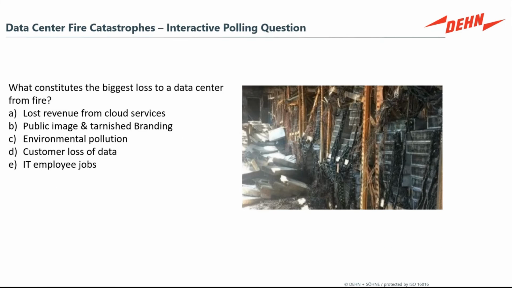And I'd also like to point out, what are the real concerns? What constitutes the biggest loss, in your opinion, as data center professionals? Is it the loss of the equipment, or is it the loss of the data? And is there any recovery from this?